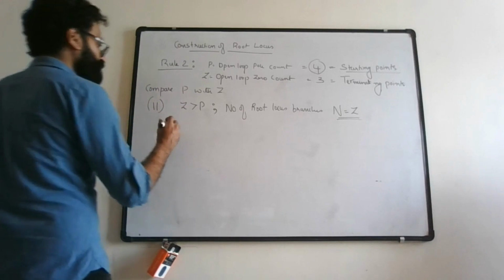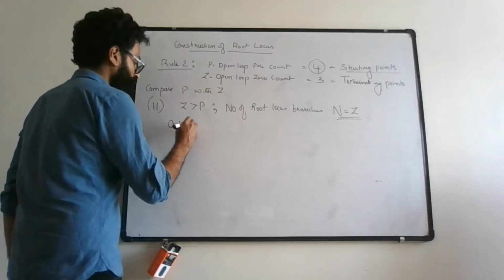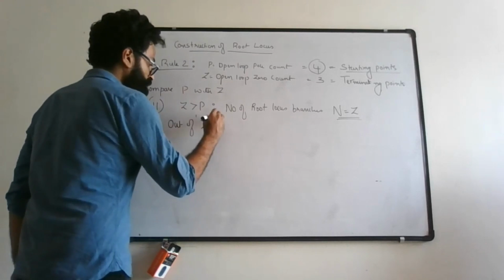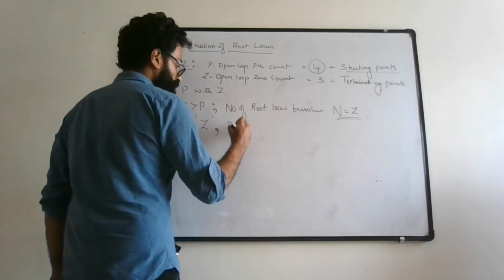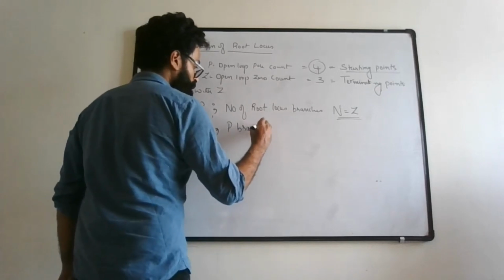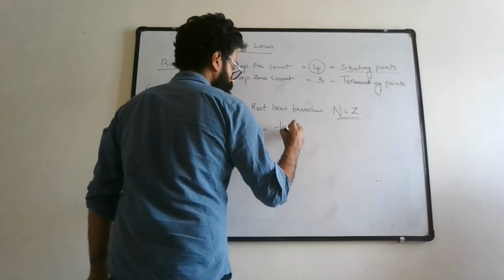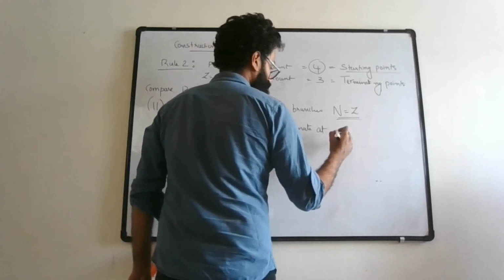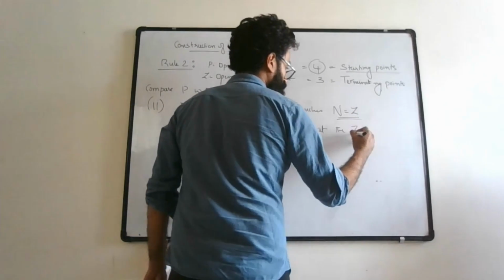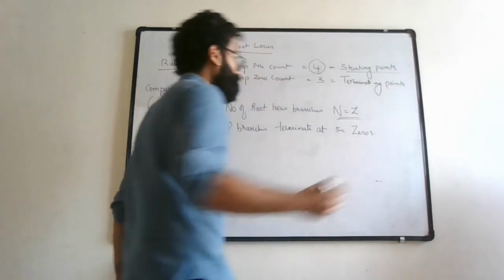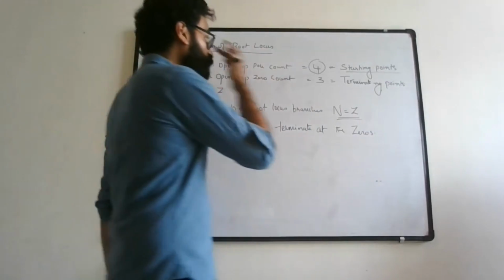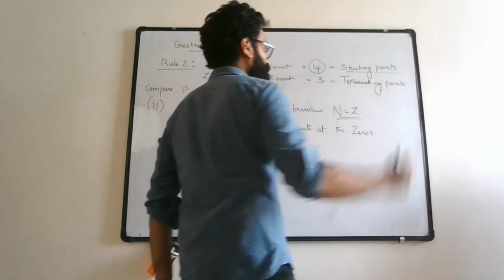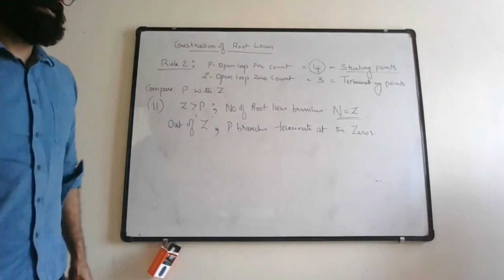Now, out of z number of branches, p branches terminate at the zeros. That is because poles are the starting points and zeros are the terminating points.